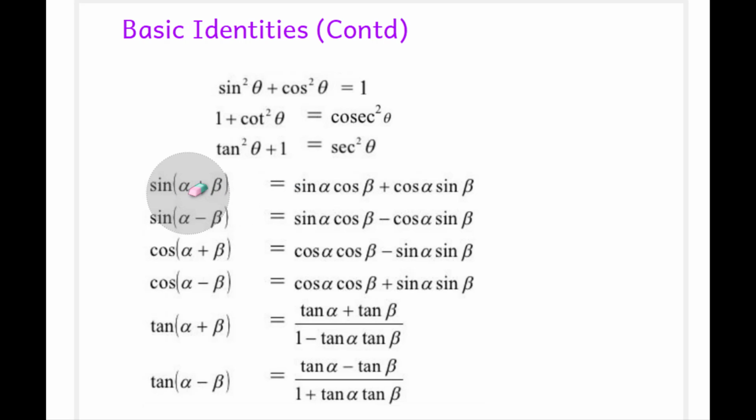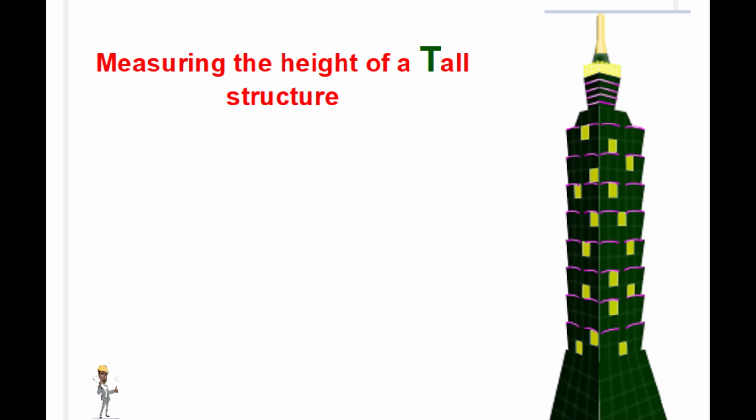And sine of alpha plus beta can be expanded as sine alpha cos beta plus cos alpha sine beta. These are some of the very basic identities with respect to sine, cos, tan, which are widely used to solve many problems.